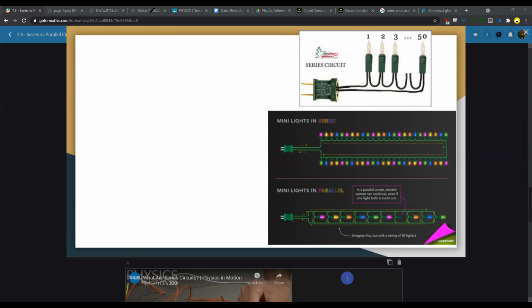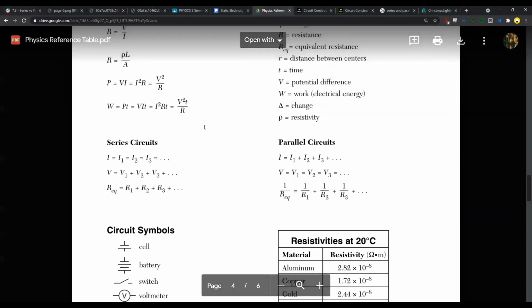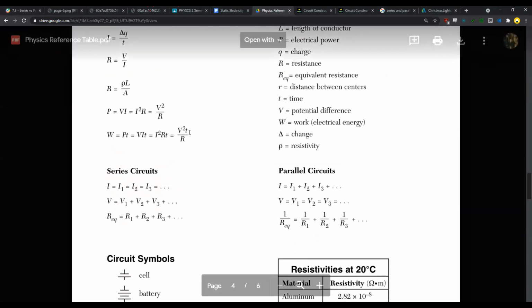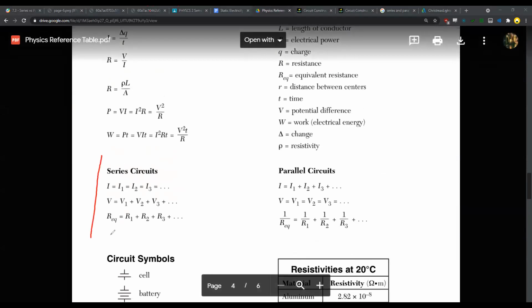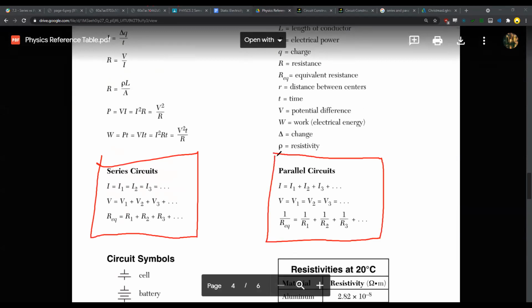Now, I'm going to tell you guys right now. If we were to learn the math, we would spend basically 3 to 4 days on series circuits, and we would spend 3 to 4 days on parallel circuits.